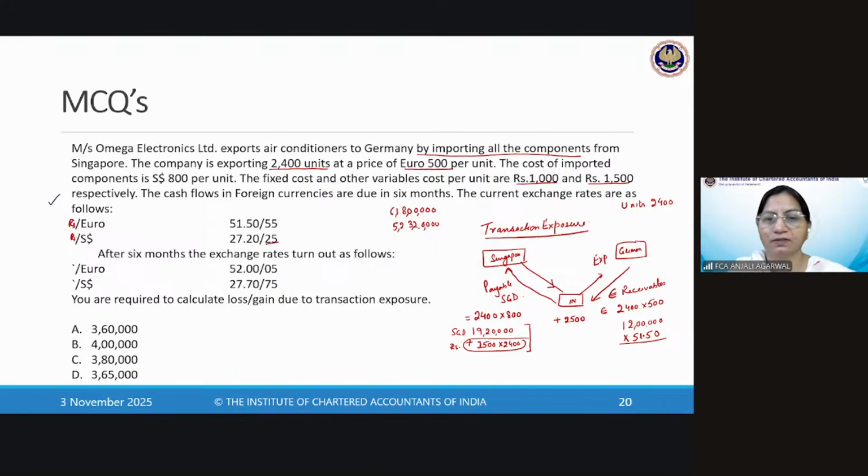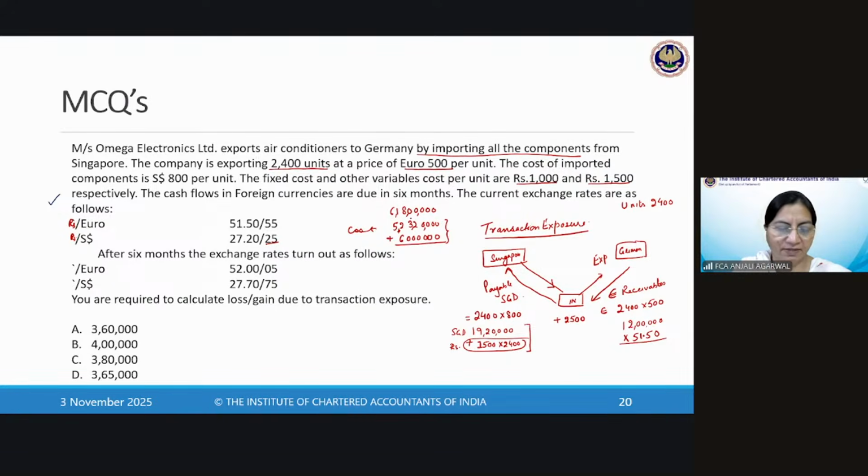Five crores, 52 crores plus. So your costs together will be 61 crores is the revenue and 58 crores is the cost.